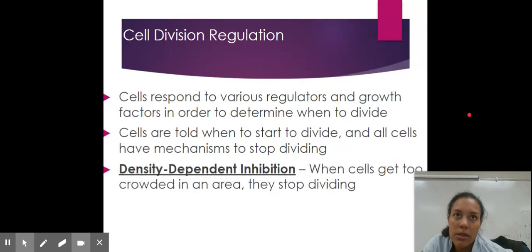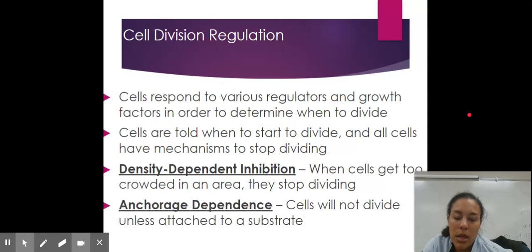So normal cells go through and they display two features: density dependent inhibition and anchorage dependence. So basically when cells divide, they're going to line up right next to each other in this nice thin sheet. Think skin cells, right? We've got our nice layer of skin cells on the outside here, and then they know to stop dividing when there's the full set of skin cells.